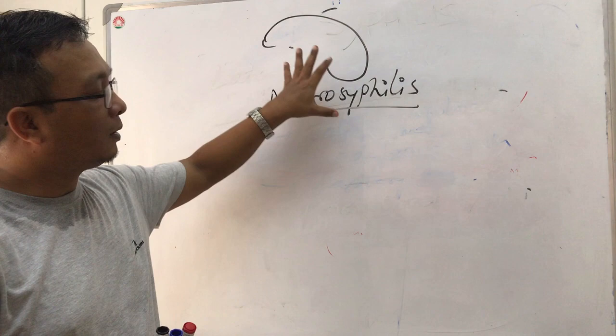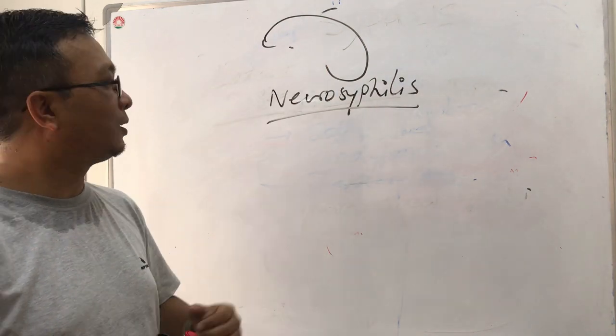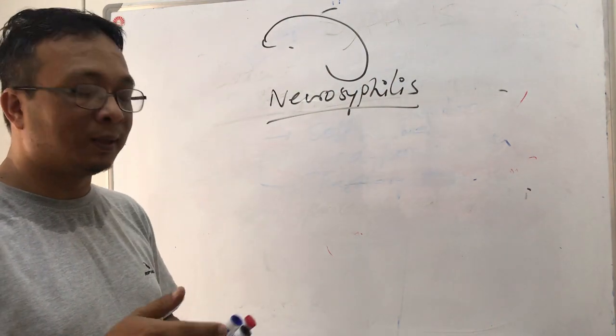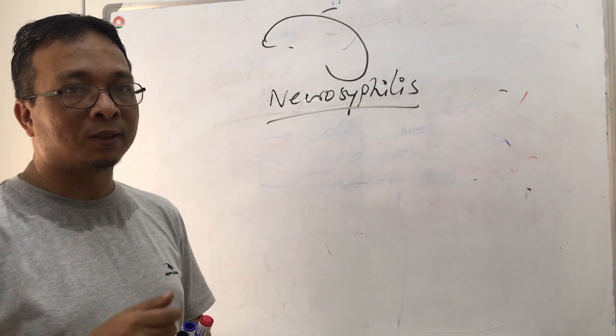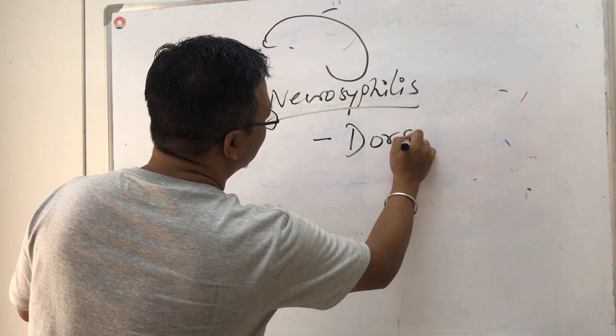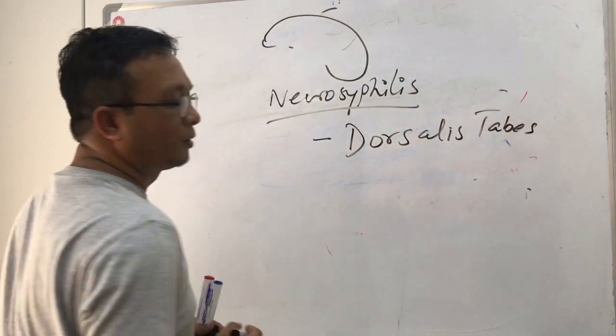But when there is tertiary syphilis, when the patient is coming back after the latent stage and has gone to tertiary stage, then there is development of neurosyphilis when the dorsal column of the spinal cord can be affected. When the dorsal column of the spinal cord is affected, we call this tabes dorsalis.